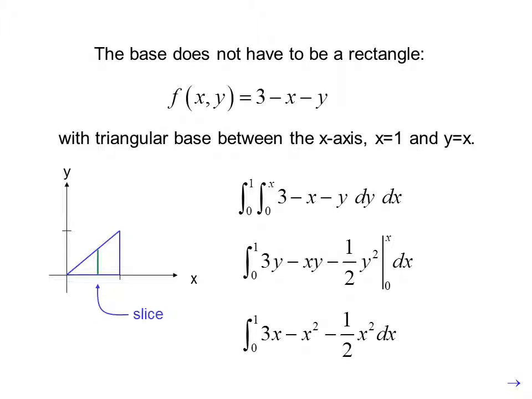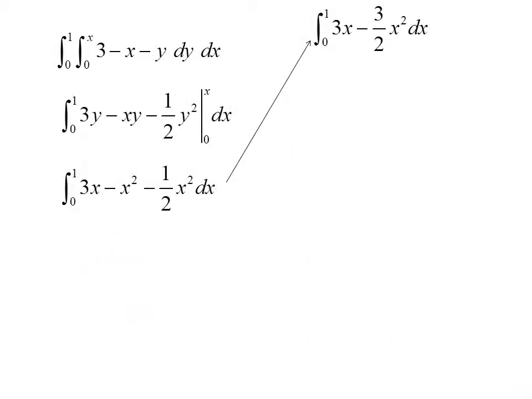Plug in our limits of integration. We collect like terms, then do the outside integral. Then using our limits of integration, we get our answer, 1.